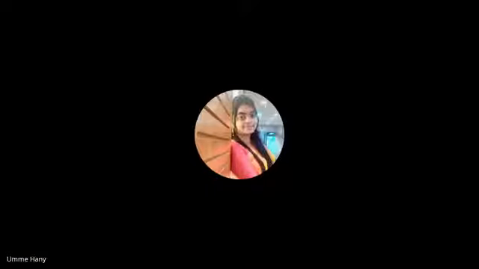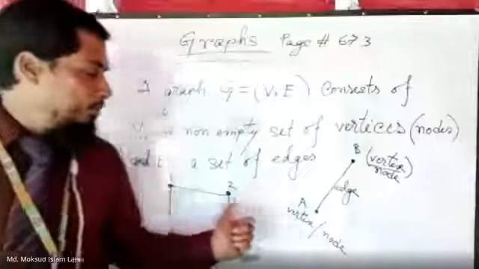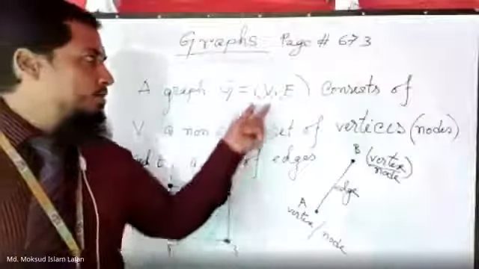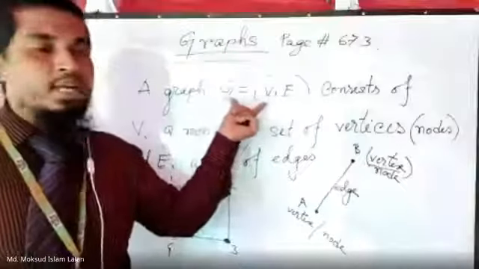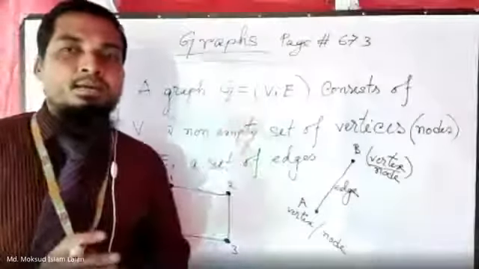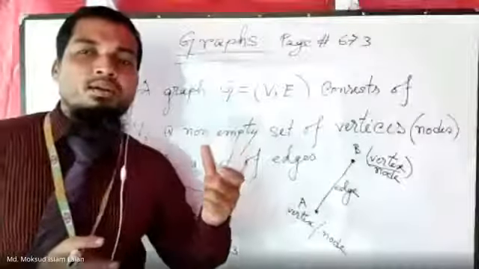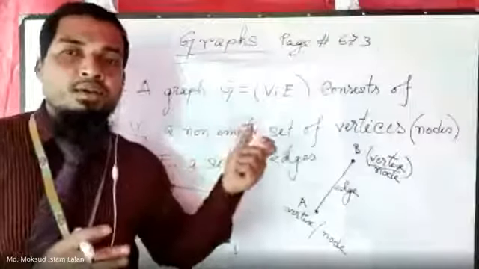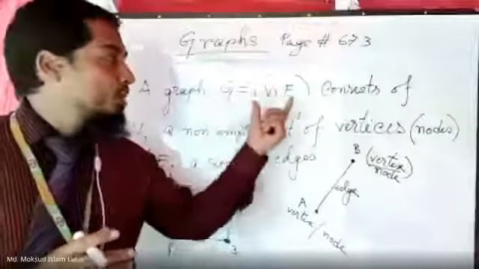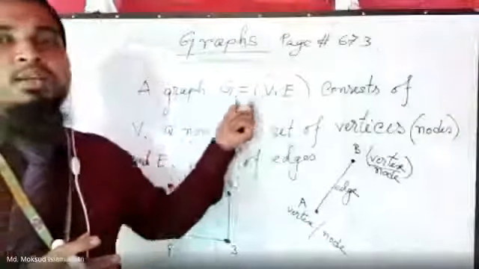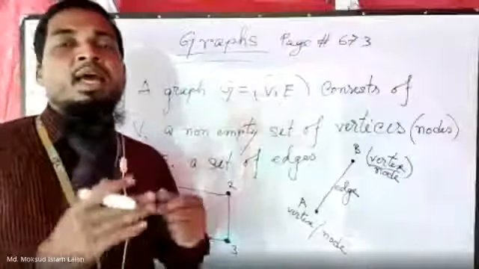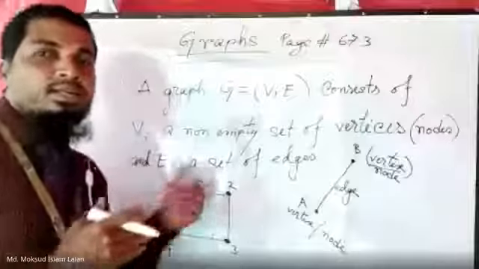Do you understand, Ummehani? What is a graph? A graph is a pair, a relation between vertex and vertex, connected with their edge.